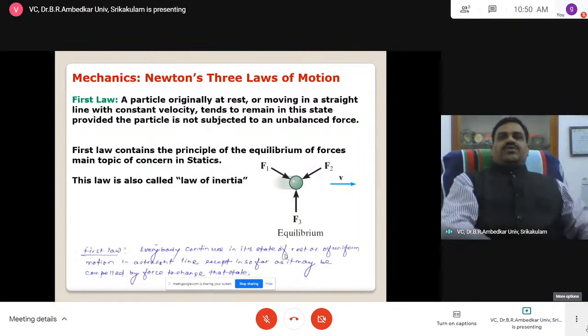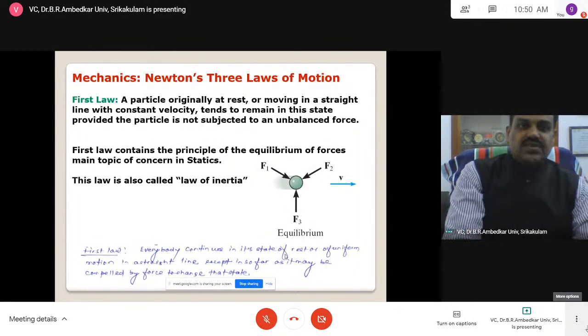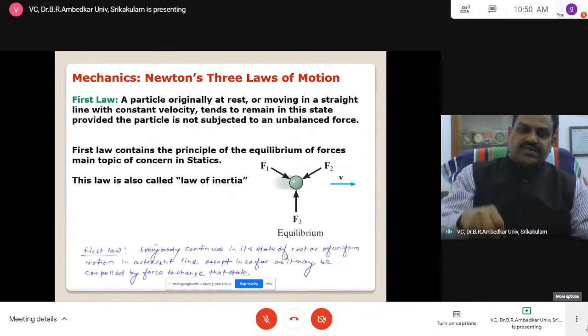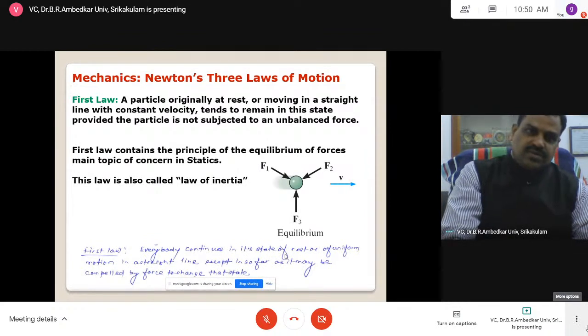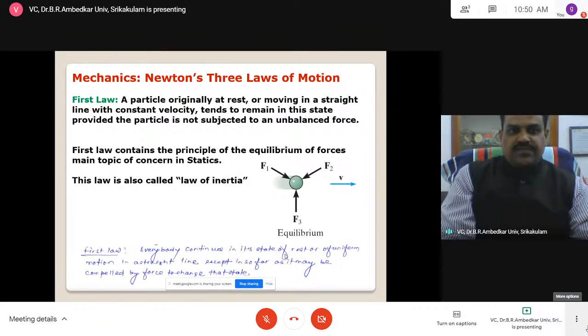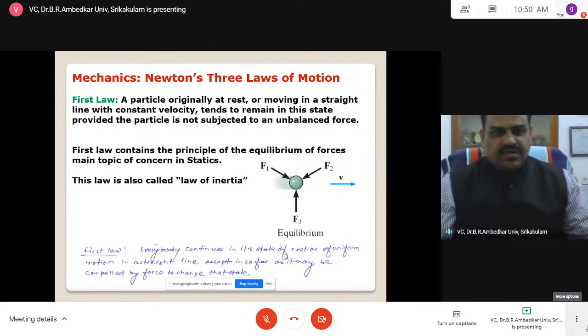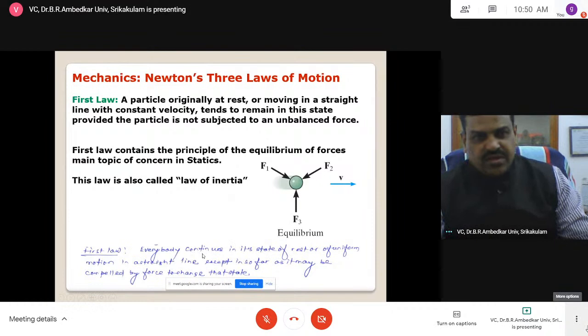Now these can be represented as Newton's three laws. This is already explained, but what we are going to discuss now is how it is applicable to Newton's three laws of motion. First law, this is the standard definition: every body continues in its state of rest or uniform motion unless an external force acts on the system.